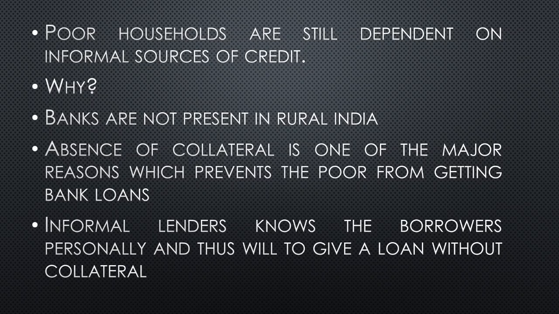Why? Because they know that person personally, they know their house, what they do, and where they live. So the informal lenders know the borrowers personally and are willing to give a loan without collateral. Borrowers can approach the moneylenders even without having paid their earlier loans. They can go and ask for a loan, and they do not need to give any collateral.